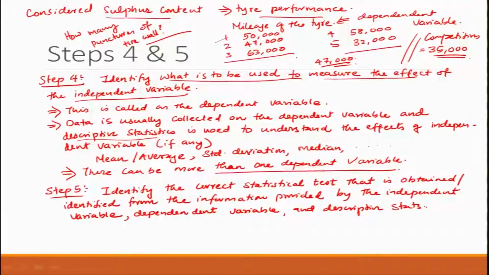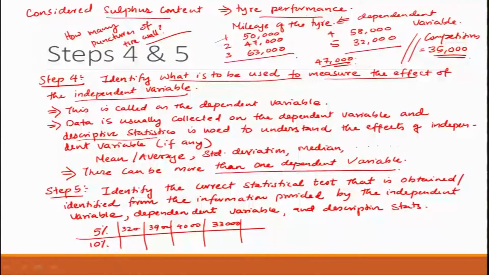One example of this would be you have made 5 tires with 5% sulfur content, then 10% content, 5 tires. You put the mileage for these 5 tires, let us say 32,000, 39,000, 40,000, 33,000, 34,000.